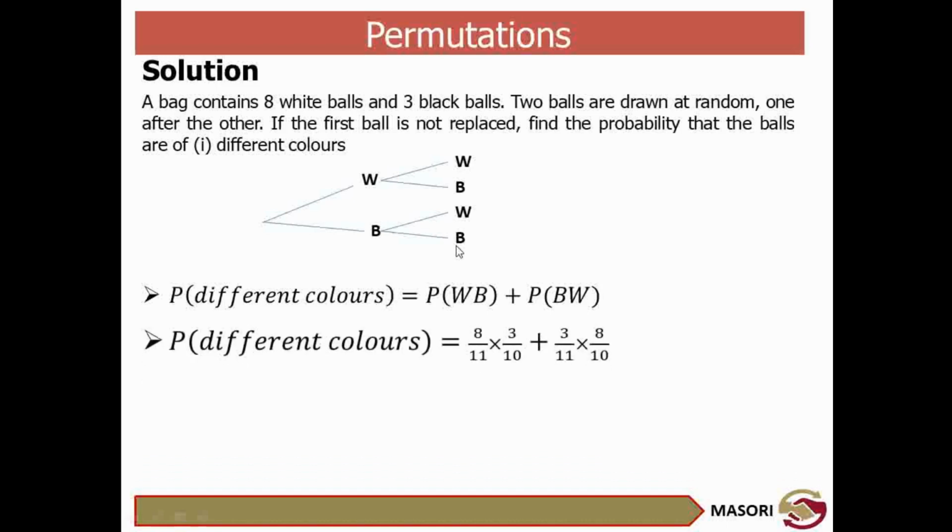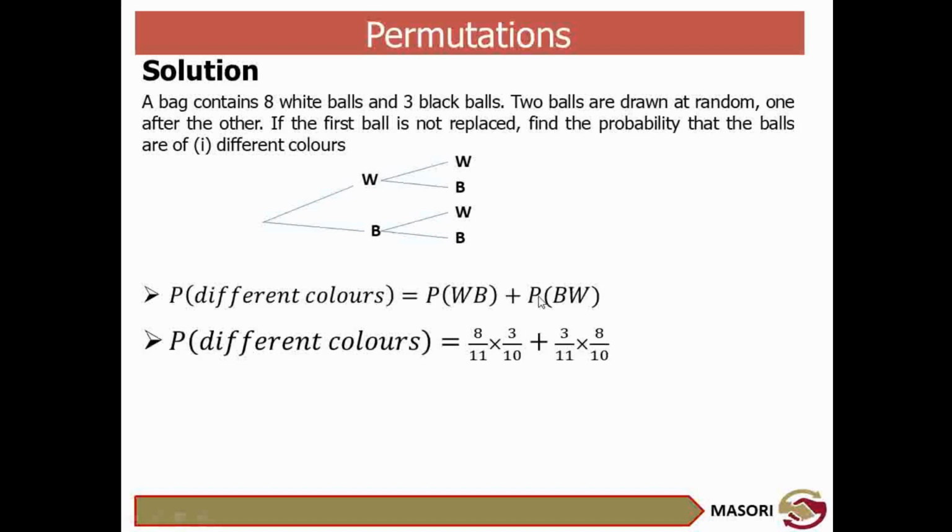Okay, so here we're looking at different colors. So white, black. The probability that the first ball is white is 8 over 11, and the probability that the second ball is black, given that the first ball was white, is 3 over 10.